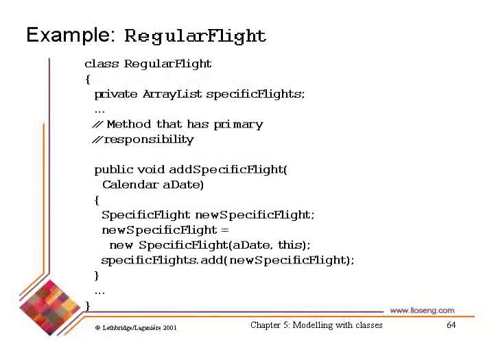Here's RegularFlight. RegularFlight has a list of specific flights associated with it. This is the implementation of the association. And here is some code for adding a specific flight. This is one of those responsibilities that we had a while back. It's going to be passed the date.